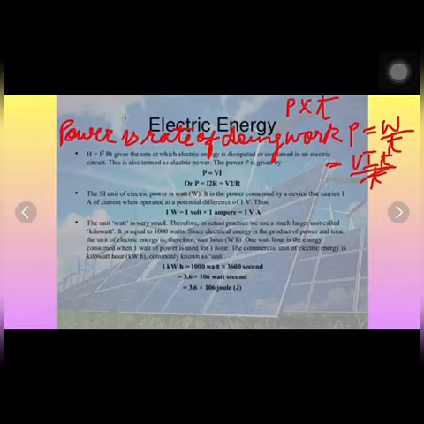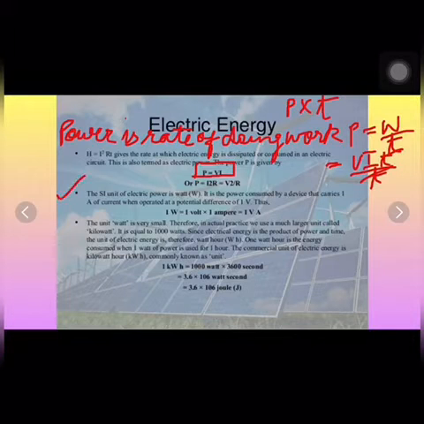So T will be cancelled from the T and we are left with the formula of power, which is P is equal to VI. This formula P is equal to VI can also be written as P is equal to I square R or V square upon R, and this we will discuss in the next slide.